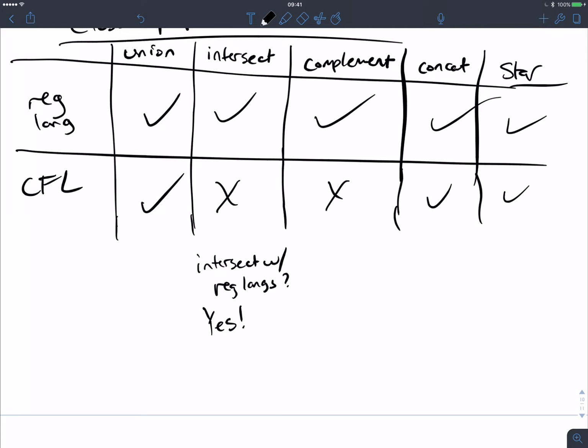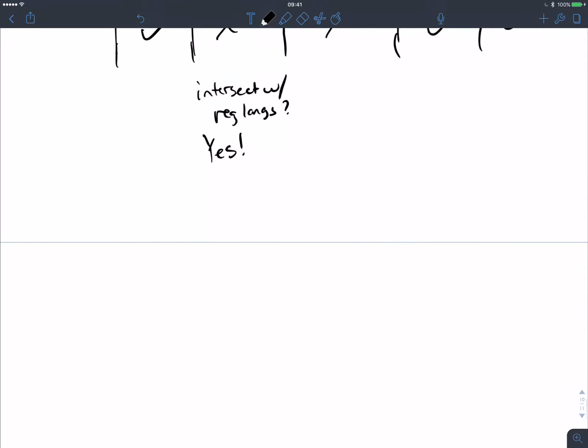Other questions? So does that answer the closure properties question? I was writing it all down. All right. So what would the closure properties be for non-regular? Oh, great question. So non-regular.